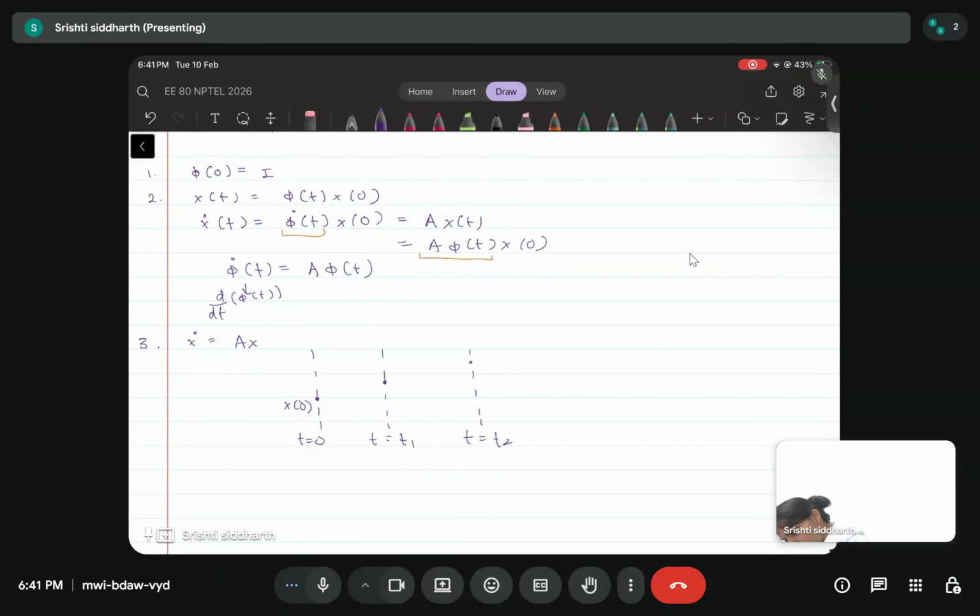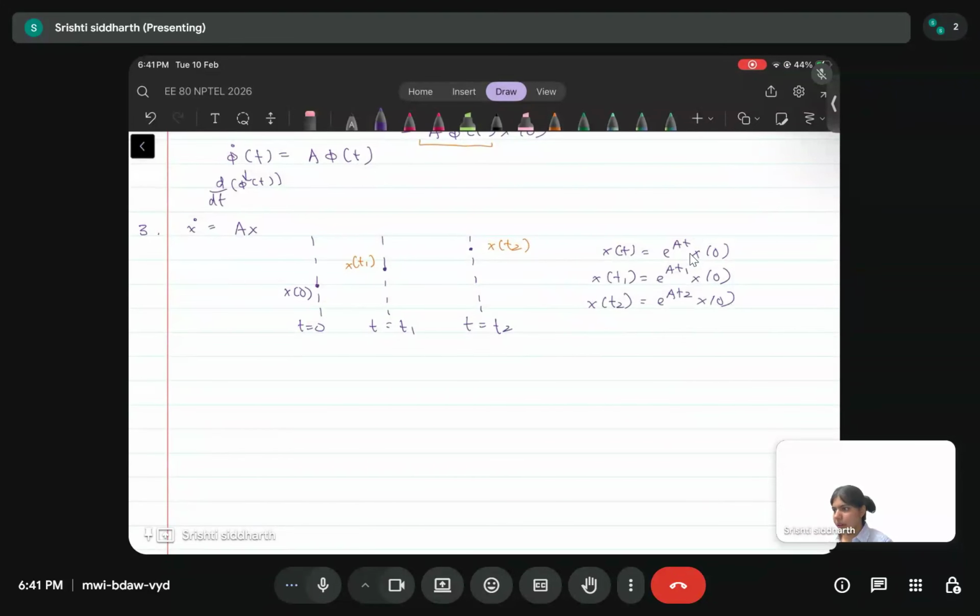Of t1, let's say x of t2. So using the solution, x of t equals e to the power At x0, we have x at t1 equals e to the power t1 A x0, and x of t2 is... write this down in terms of state transition matrix.